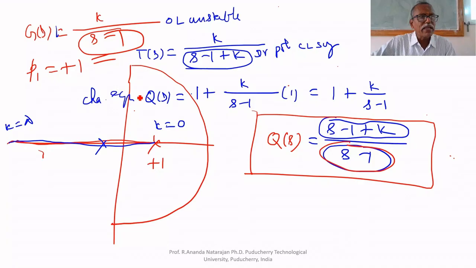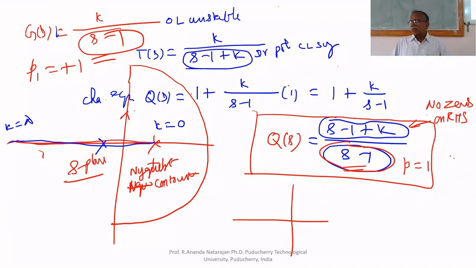Because the numerator of Q of S is the closed loop poles. That's why no zeros on the right hand side of Q of S. It means no closed loop poles on the right hand side. But in the denominator, one pole on the right hand side. That's why the mapping will encircle 0 in the anti-clockwise direction once.